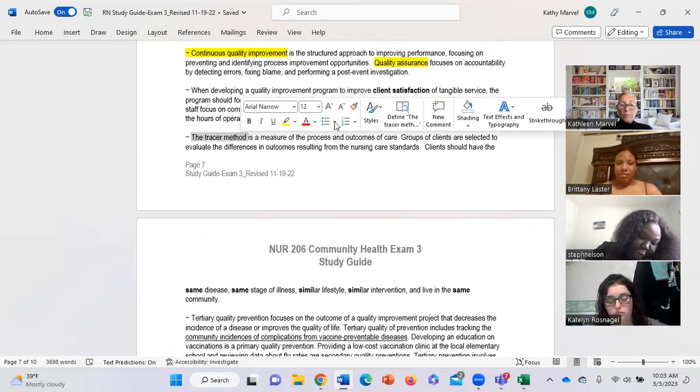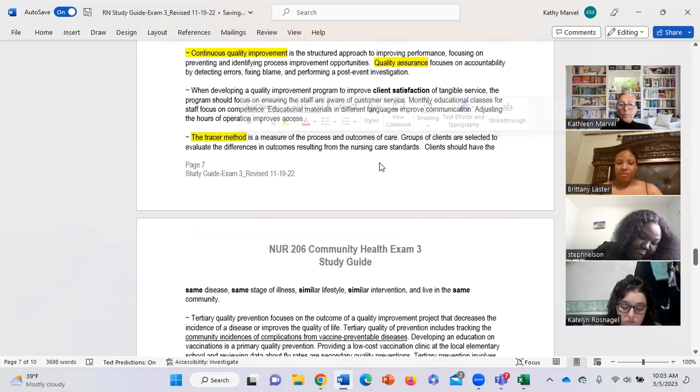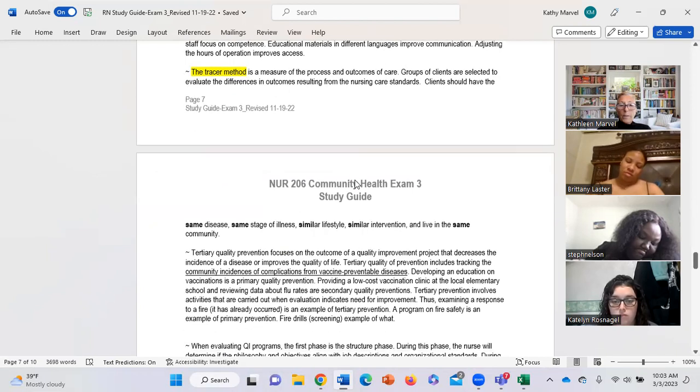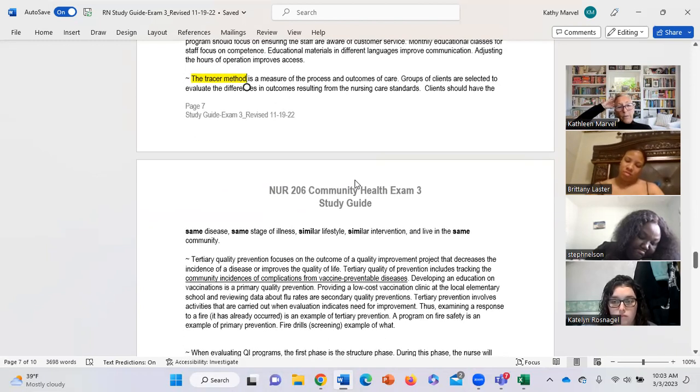Tracer method. Tracer method is how do we look at outcomes? Okay, if you're participating in a tracer method program in which they're trying to measure outcomes, here's what needs to happen.